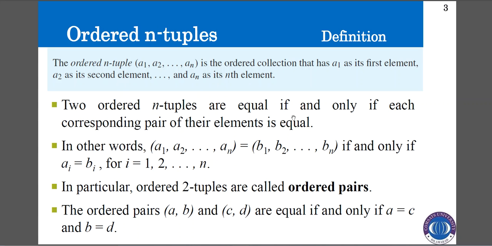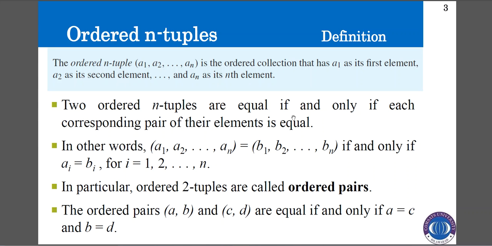The definition is: the ordered n-tuple (a1, a2, ..., an) is an ordered collection that has a1 as its first element, a2 as its second element, and an as its nth element. Two ordered n-tuples are equal if and only if each corresponding pair of their elements is equal.